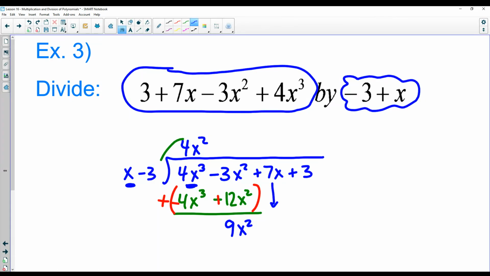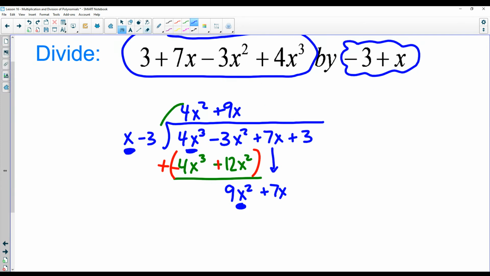First terms cancel, and we have -3 and +12 for +9x squared. Next step, bring down the 7x. We're ready to divide again. First term in the divisor into first term inside. X goes into 9x squared, 9x times. Next step is multiply. 9x times x is 9x squared, and then 9x times negative 3 is negative 27x.